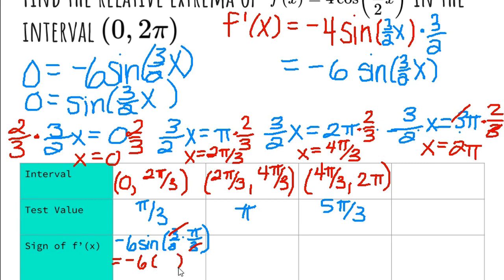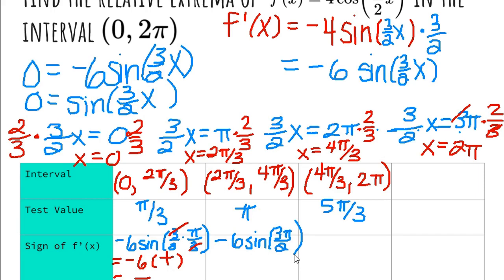Well, pi over 3 is in the first quadrant, and in the first quadrant, sine is positive. So you don't even need to know the value, you just need to know that sine's positive there. Because a negative times a positive is a negative, so it's decreasing here.